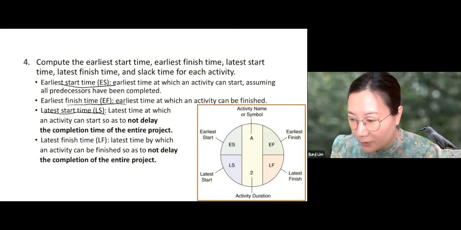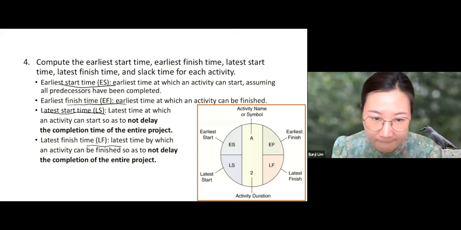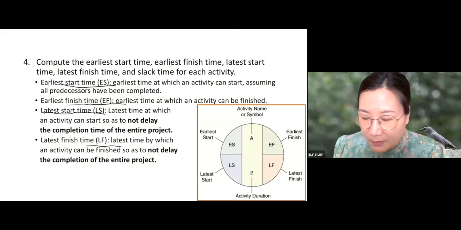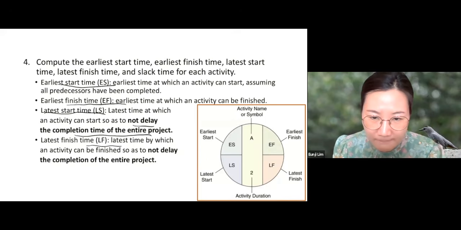And the latest finish time is the latest time by which an activity can be finished so as to not delay the completion of the entire project. So the key phrase in this description is not delay the completion of the entire project.